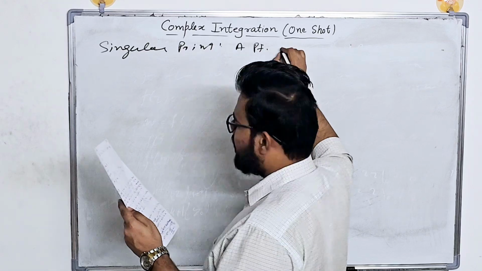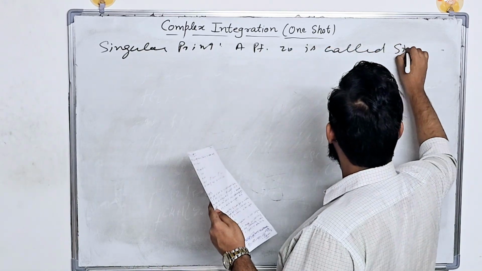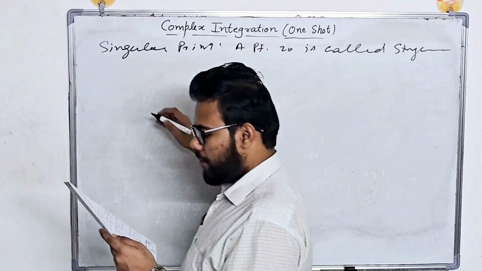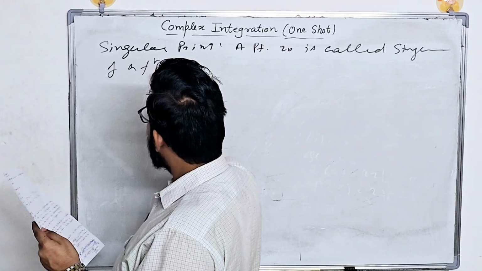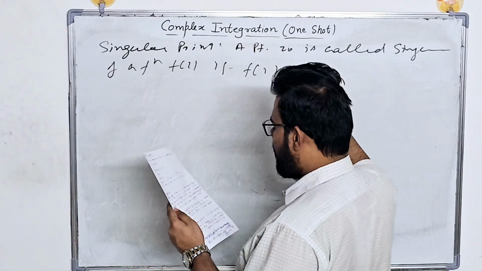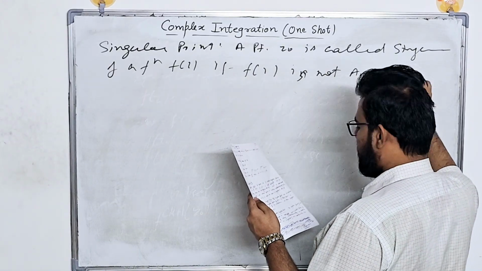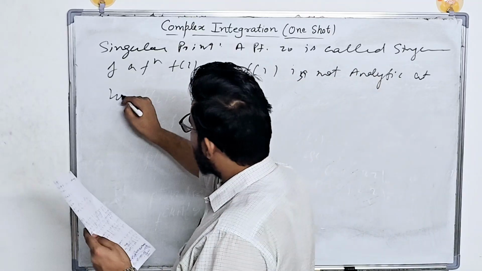A point z naught is called a singular point of a function f(z) if f(z) is not analytic at z naught.